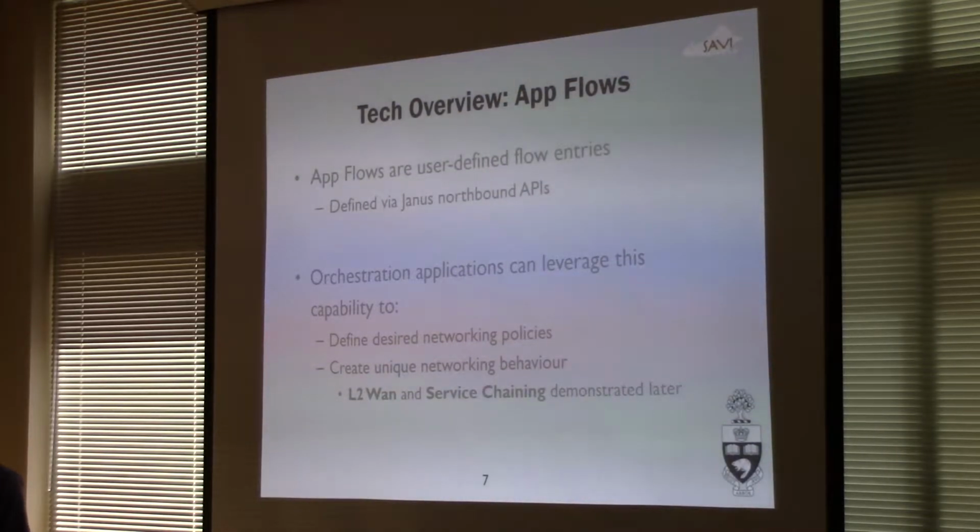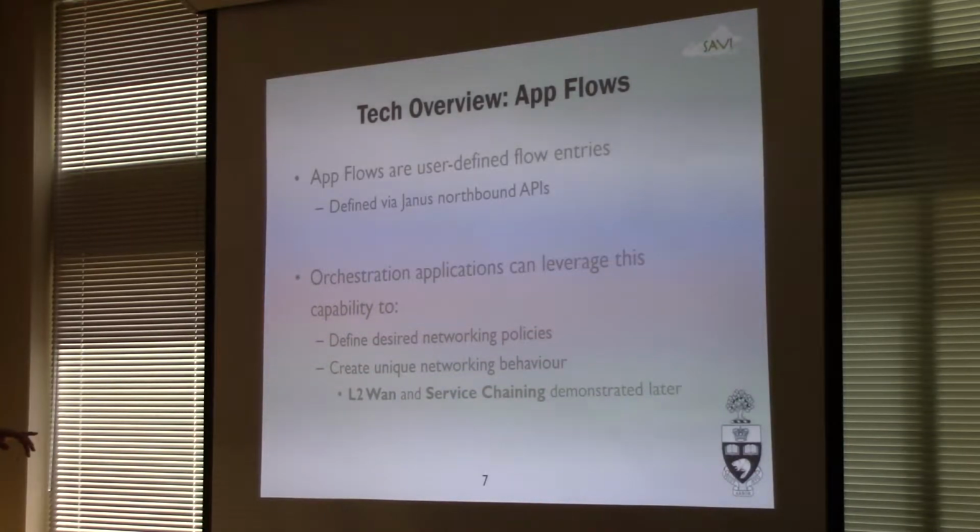A set of these APIs allows you to request custom network connectivity in the SAVI testbed, basically. So they're SDN APIs. They allow you to install custom flow paths through our physical network itself. And again, this is done without any tunneling technology. It's pure OpenFlow.